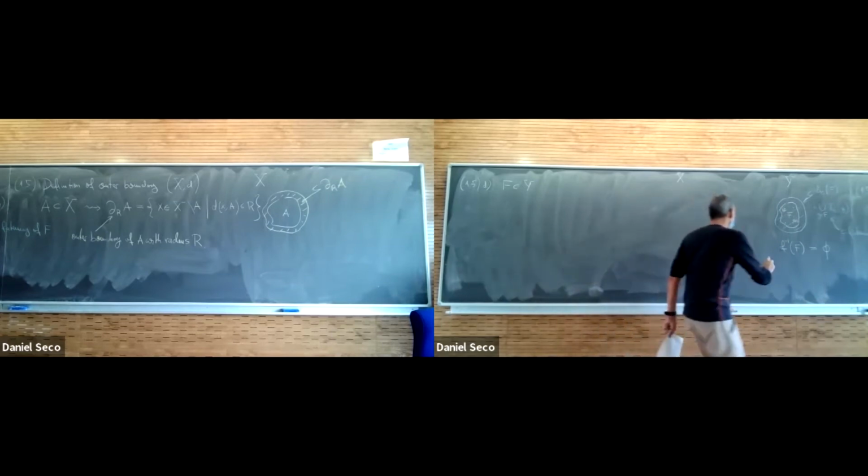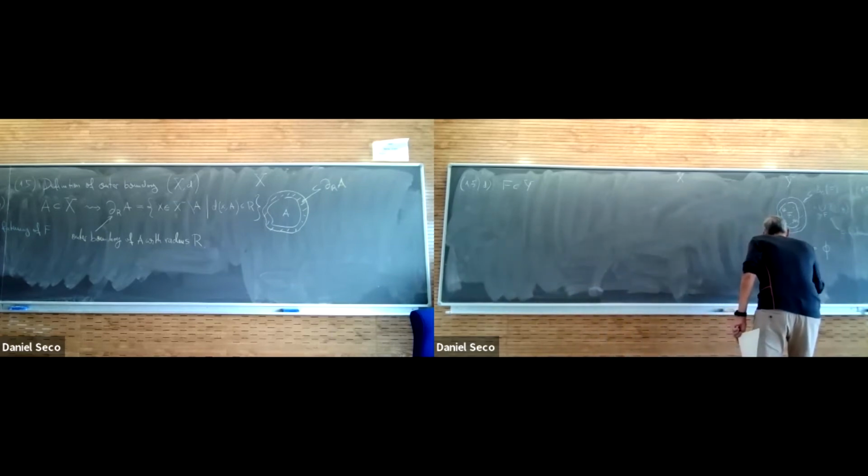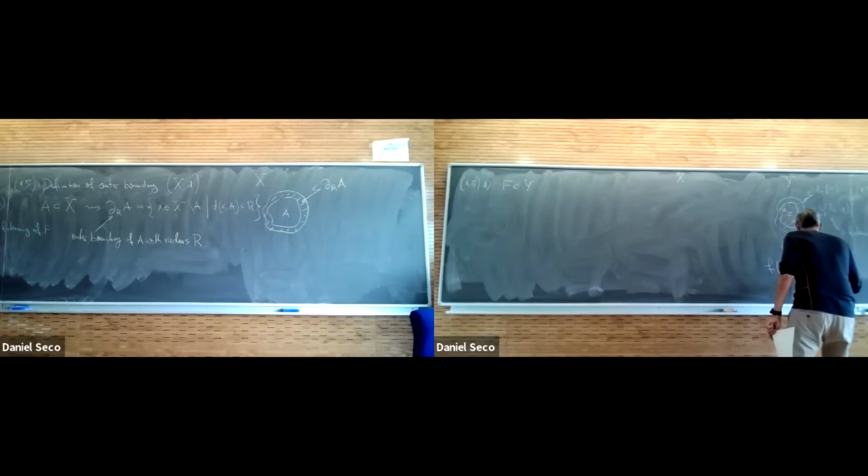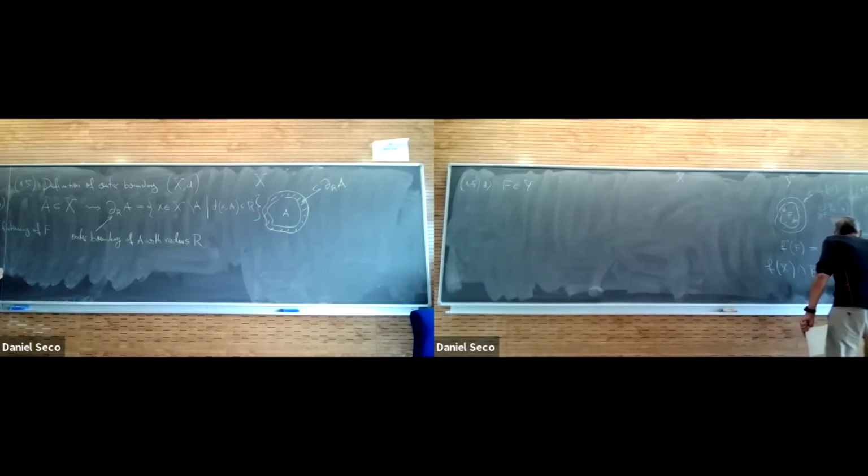And now you know that the image intersected with the C fattening of the set is non-empty.